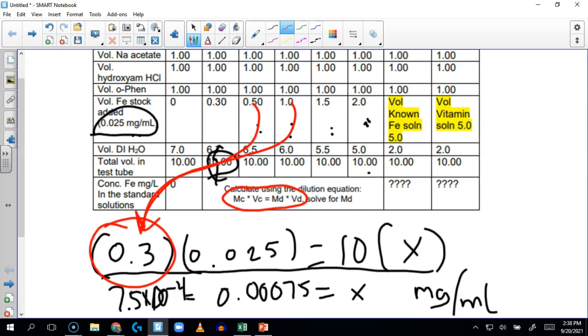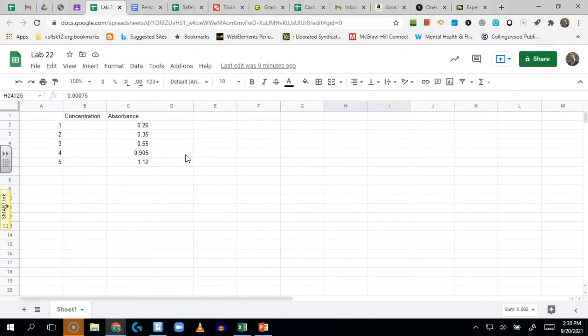Once you get that, you need to go to a graphing utility, whether it's Google Sheets or Excel, and put the data in the graph. So let's go there. I have the information about the absorbance entered here into just a simple data table, but I need to take the concentration that I just calculated for each sample, 1, 2, 3, 4, and 5, and put that in here.